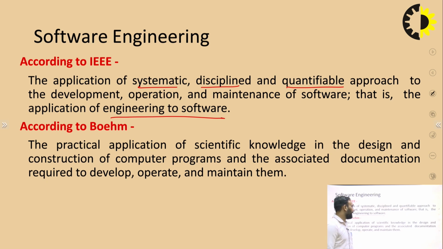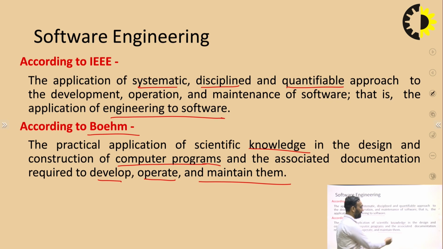Now the second definition is according to the scientist Boehm. The practical application of scientific knowledge, and I am underlining the key terms here, in the design and construction of computer programs that are written in a machine language, and the associated documentation required to develop, operate and maintain them in software.